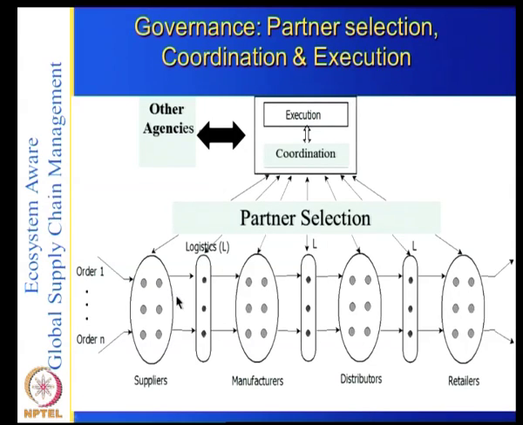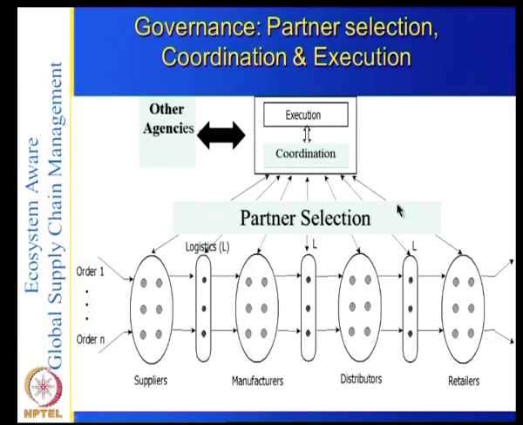So if I say I want something to be done in China, I know these are the group of people who do it in China and so on. And if I want to move some product from China to Singapore, Hong Kong to Singapore or something, then I know the logistics providers. So this is an Excel sheet which gives you all the information. And while doing so, I have also calculated the transaction costs for selection of this.